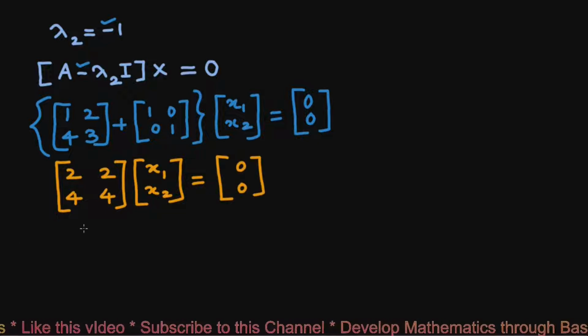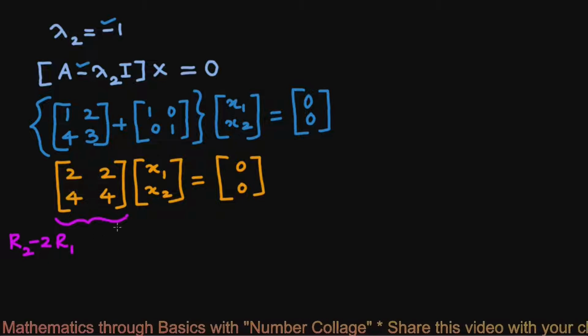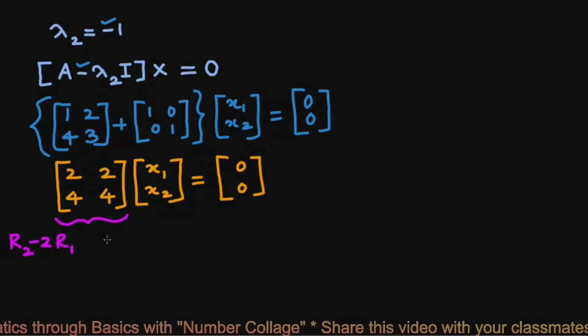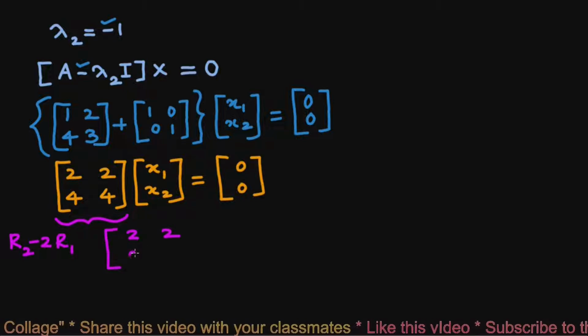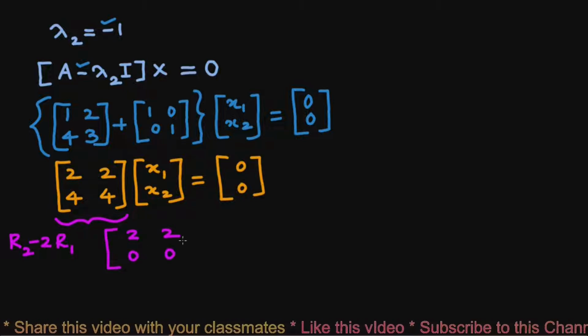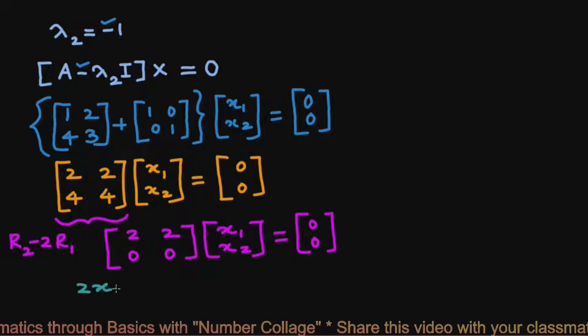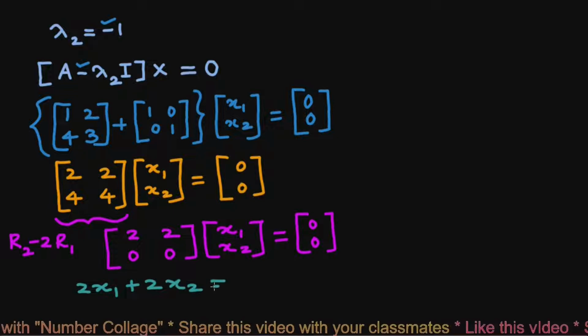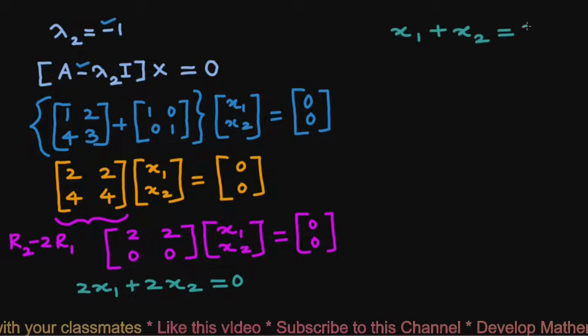By row transformation R2 minus 2 R1, we will reduce this matrix into row echelon form, and that will be [2, 2; 0, 0] times [x1; x2]. Matrix multiplication will be 2x1 plus 2x2 equals 0, that will be x1 plus x2 equals 0.